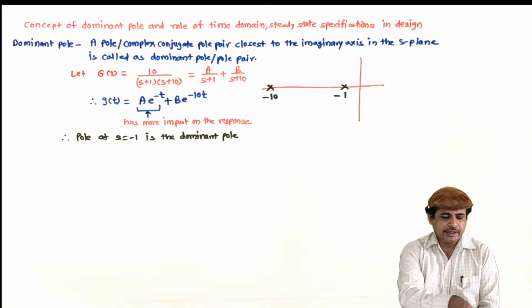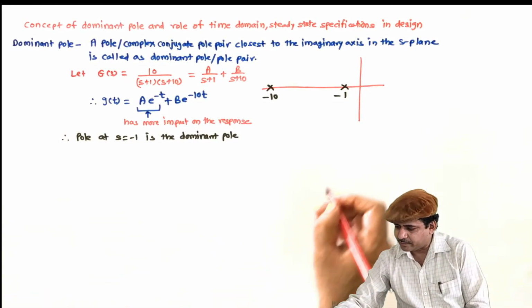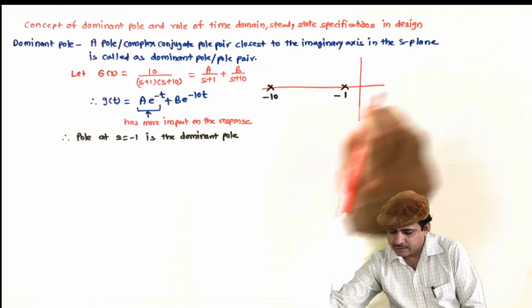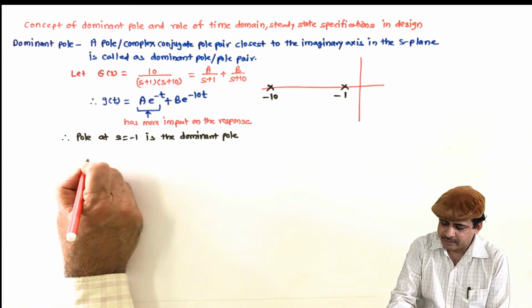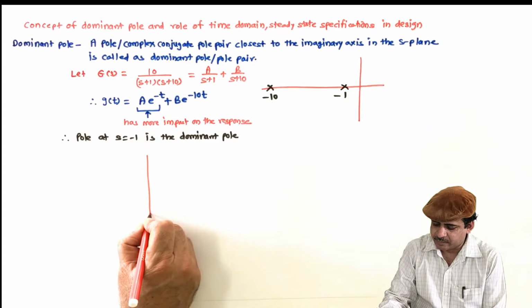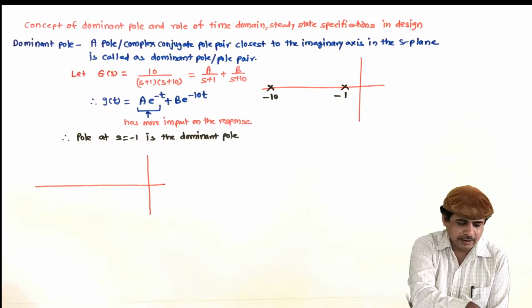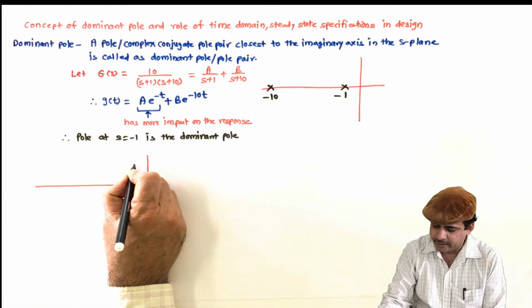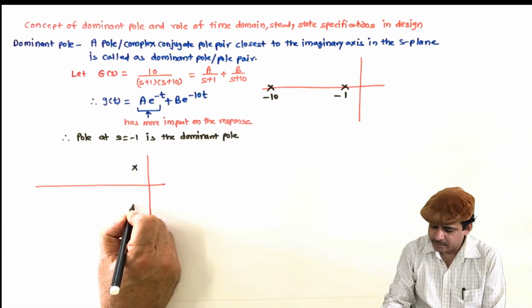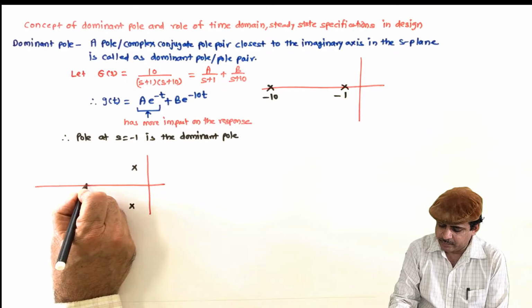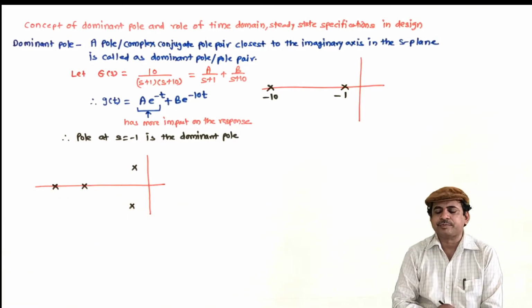Same way we can have a dominant pole pair, like say for example, let us consider it here. We have a pole pair here and then the remaining poles here.